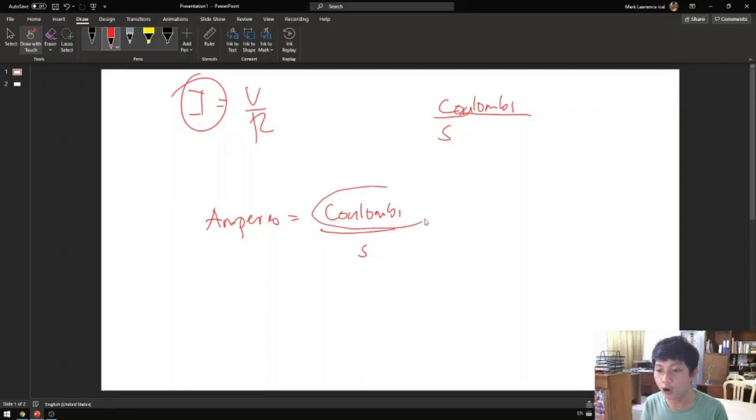And coulombs is basically saying how many electrons are flowing per second. Electrons have a charge, remember? We all know that. So practically one electron has a charge, and when you talk about a huge number of electrons, you can combine it into coulombs, and how many electrons are flowing into that circuit in a second is basically what gives you the ampere, or the current.